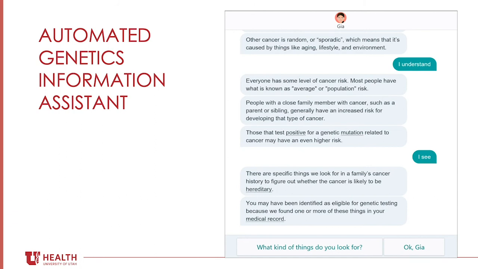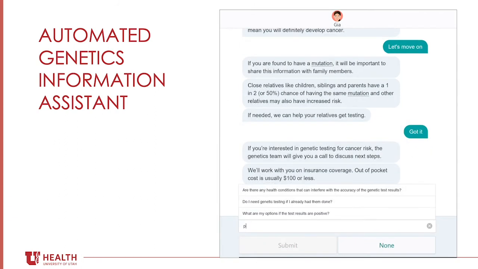Or they can receive more information about this topic by clicking on what kind of things do you think you look for. You also may see that some of the words are underlined. So if you hover over a word like positive or a mutation, you can get a plain language definition of those terms, and that was actually a suggestion by our primary care providers in order to help educate people. Next slide, please.